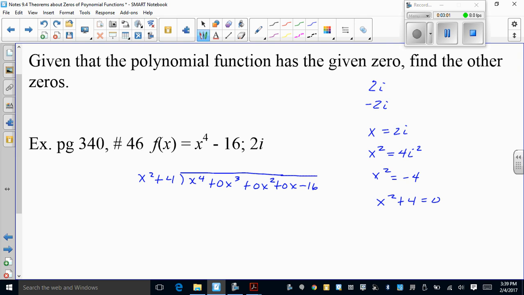Don't think we need all the terms because I've got them missing over here as well. Remember, it's all about the first term. So I can do my side work. x to the 4th over x squared gives me x squared. And then x squared times x squared plus 4 gives me x to the 4th and 4x squared.